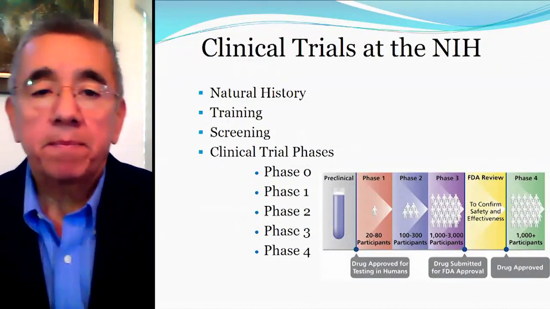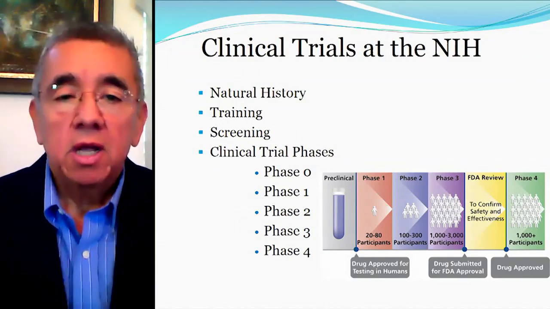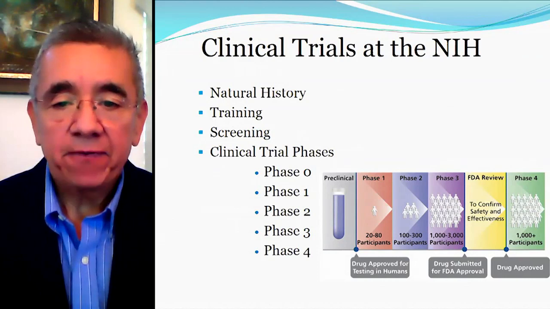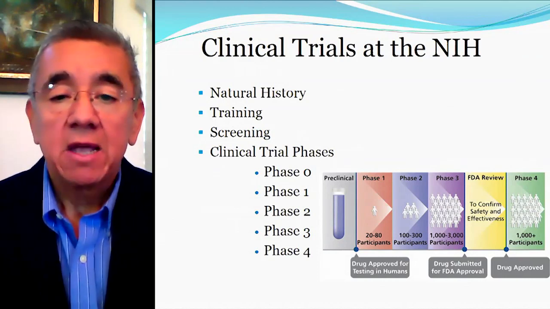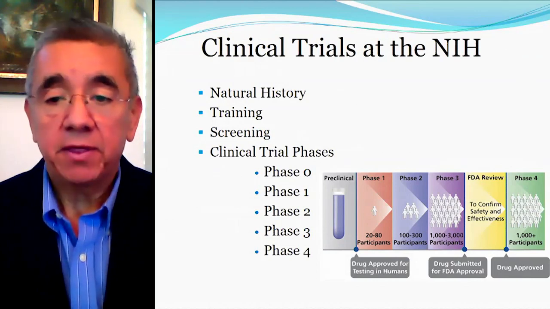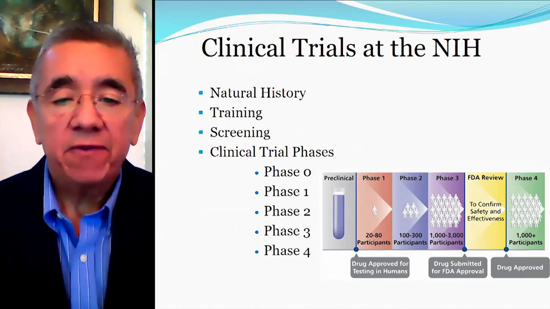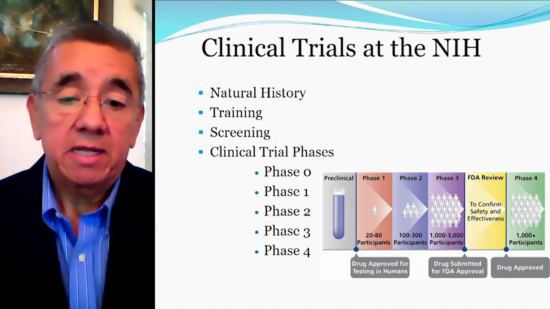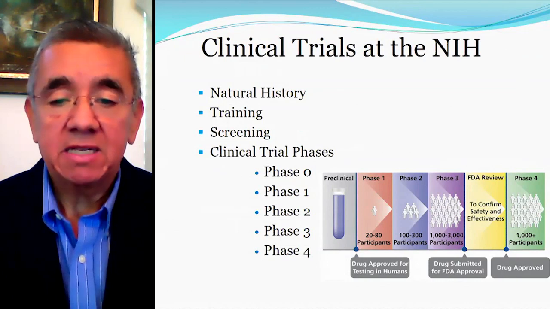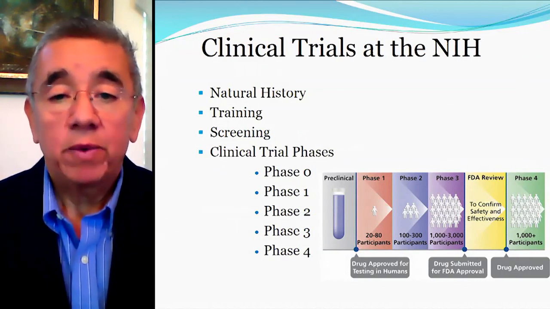When participants call our center, we have many different trials, and these trials have different phases: phase 1, phase 2, phase 3, and phase 4. During phase 1, we have very few participants, and this is the type of participants that we need sometimes to start with phase 1.